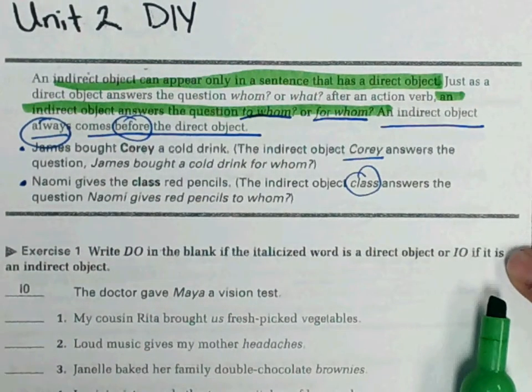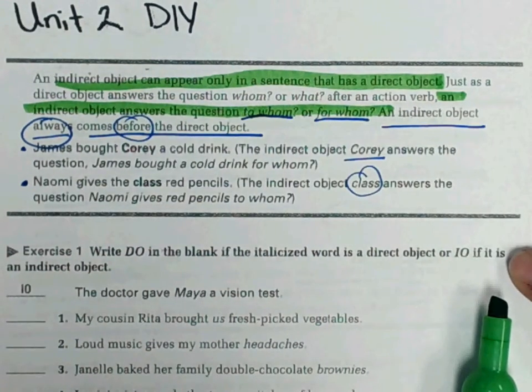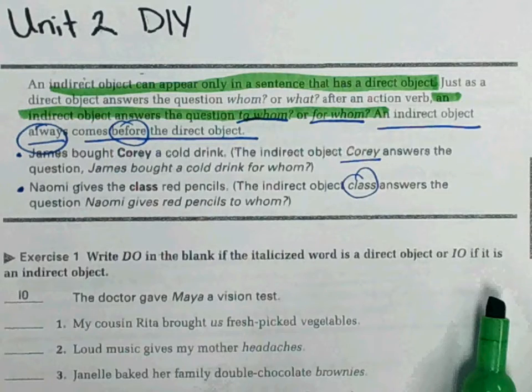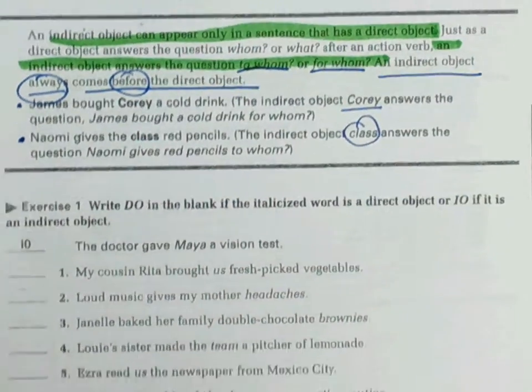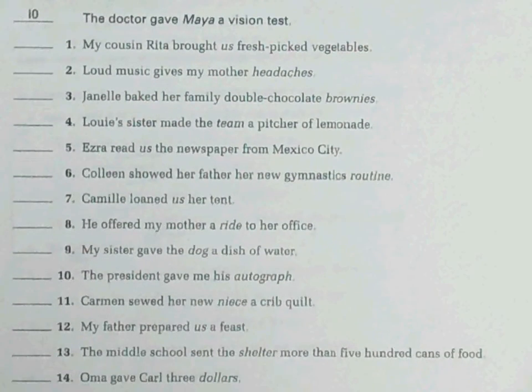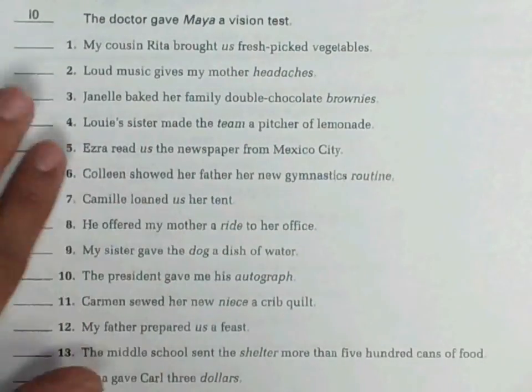So our exercise says, write DO in the blank of the italicized word if the italicized word is a direct object, or IO if it is an indirect object. Before we begin our exercise, I want you to highlight each word that is in italics.